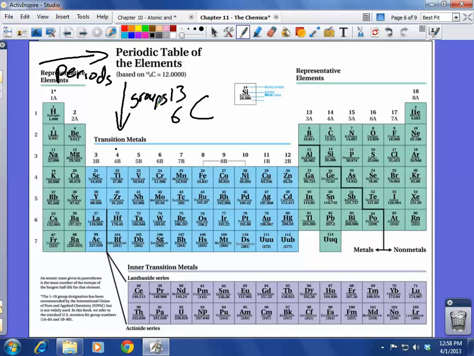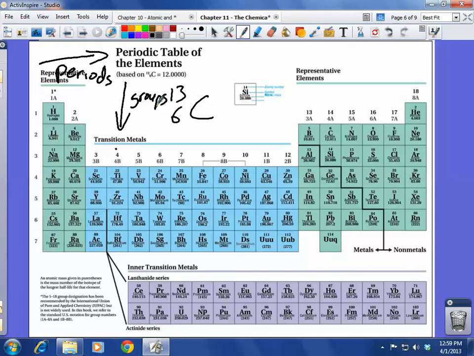But these are actually going to help us, okay? Because if I look at hydrogen, okay, how many valence electrons does hydrogen have? 1, right? Because it only has 1 electron, so that electron is the one on the outside, okay? How many valence electrons does helium have? 2. Well, then I start back over again, and I have lithium. Well, here, it's probably easier to see over here, okay?